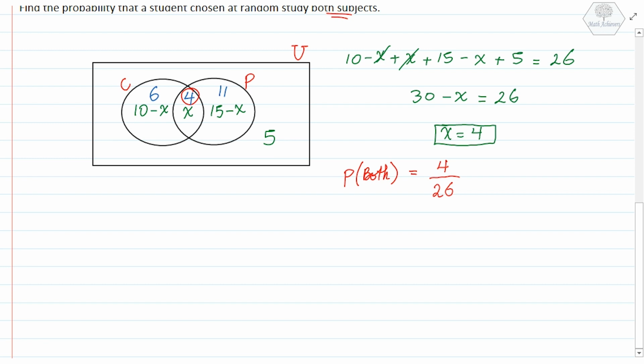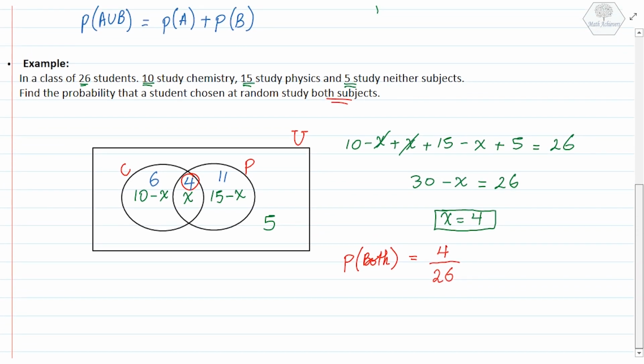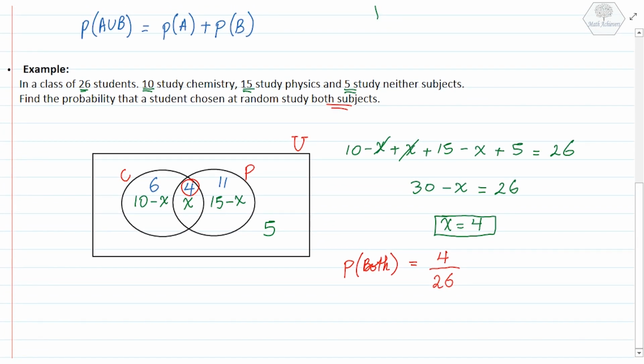By this, I could find the probability of a student studying both subjects by first drawing a Venn diagram, figuring out the right values in the right places, and then I found the probability that I needed.